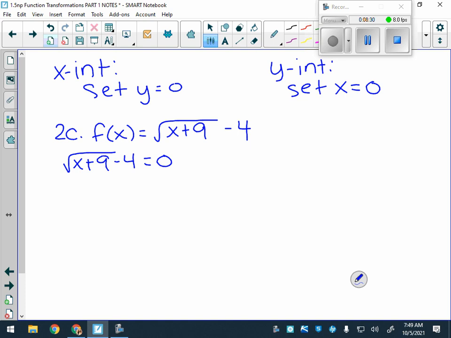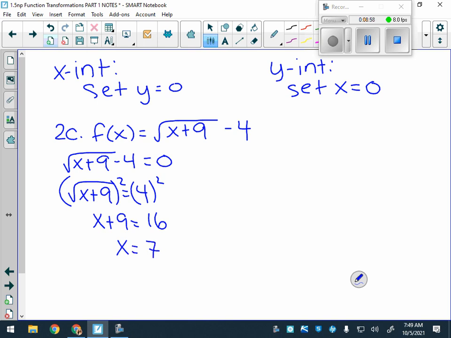Okay, what is our first step in solving? Good. Add 4. And then what do we do? Yeah, Tyler. Square both sides. And last but not least, Emily, subtract 9. So our x-intercept for 2c was (7, 0).